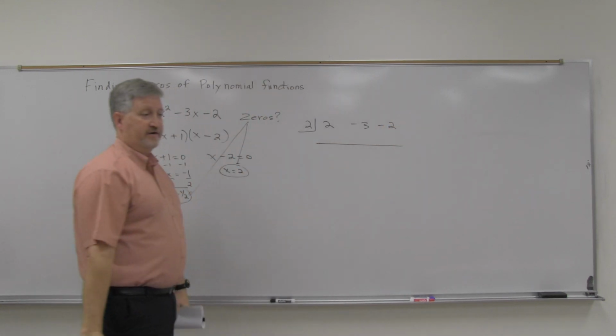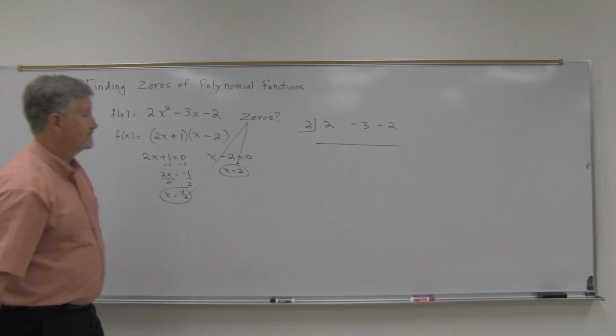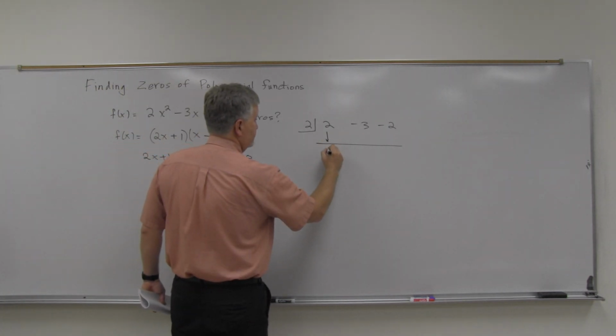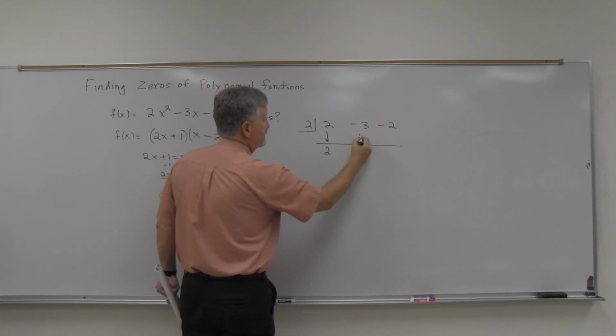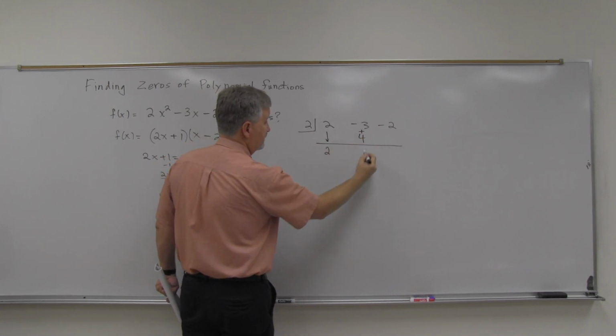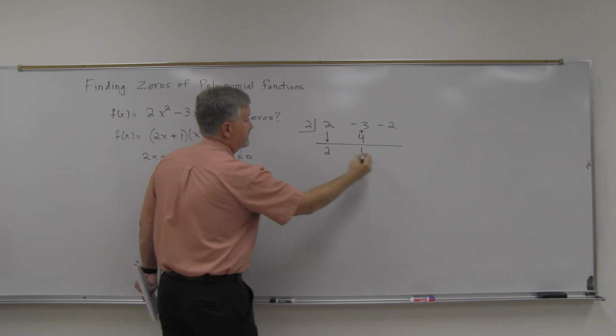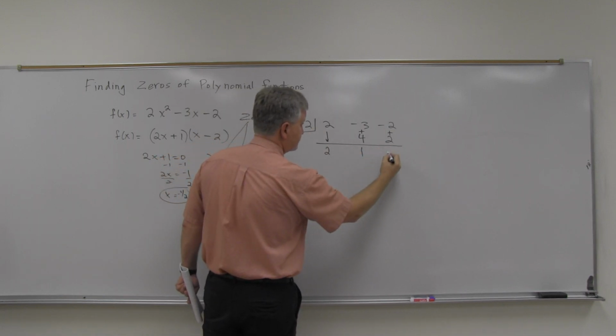Let's notice something about what happens at the end. Synthetic division: bring this one down. Then 2 times 2 gives me 4. Negative 3 plus 4 is 1. Then 1 times 2 is 2. And negative 2 plus 2 is 0.